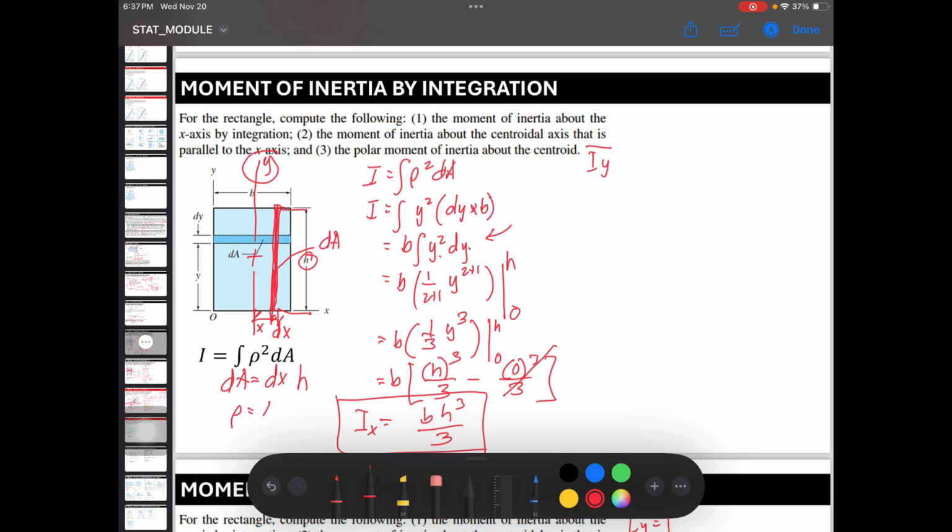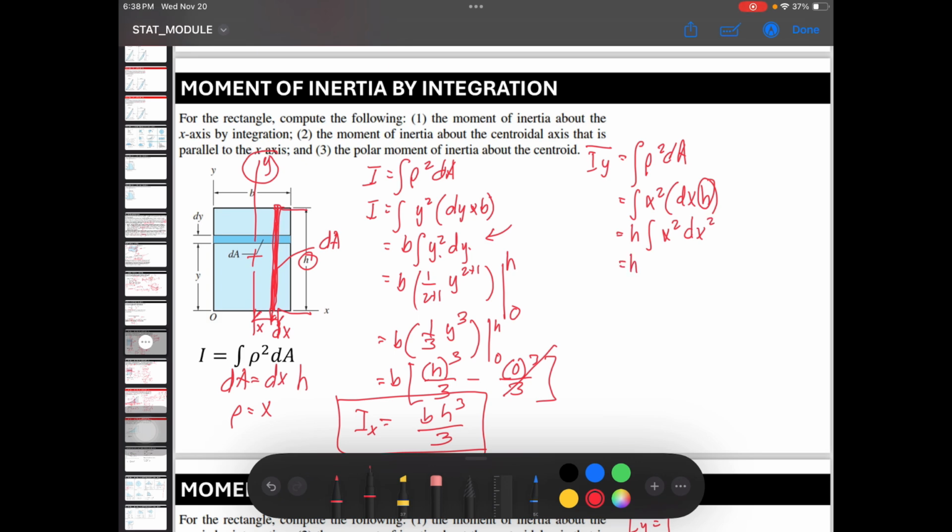Next, our rho is x. So, let's build the equation. Our rho is x, so x squared. Our dA is dx times h. So, h is constant. We can take it out of the integral. And then what remains is x squared dx.